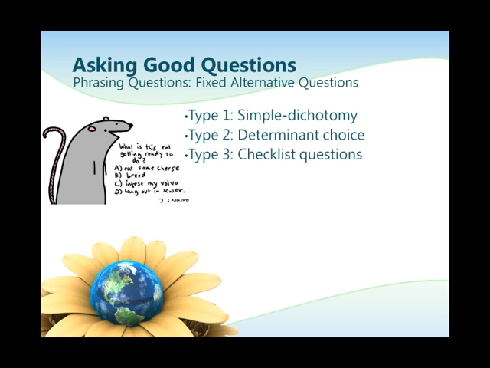The third type are checklist questions. These allow the respondent the ability to provide multiple answers to a single question by checking off different items. They're really useful when you're asking about behaviors people have ever engaged in, products people purchase, things like that. You just have to make sure that no 2 responses would contradict one another.